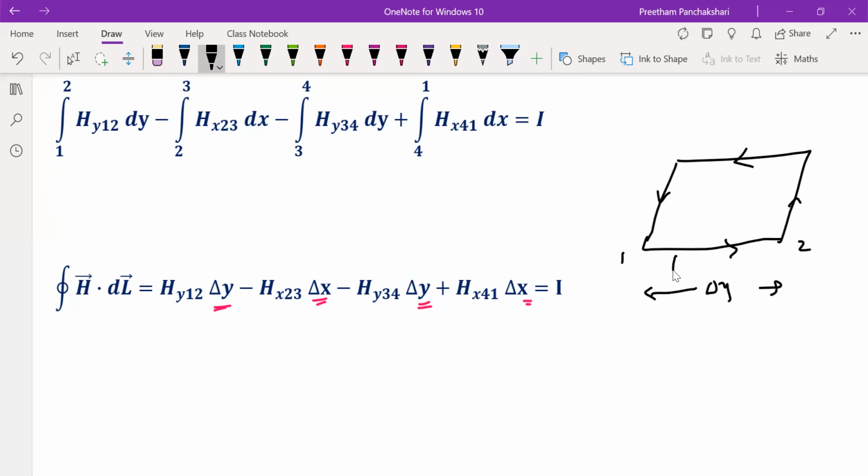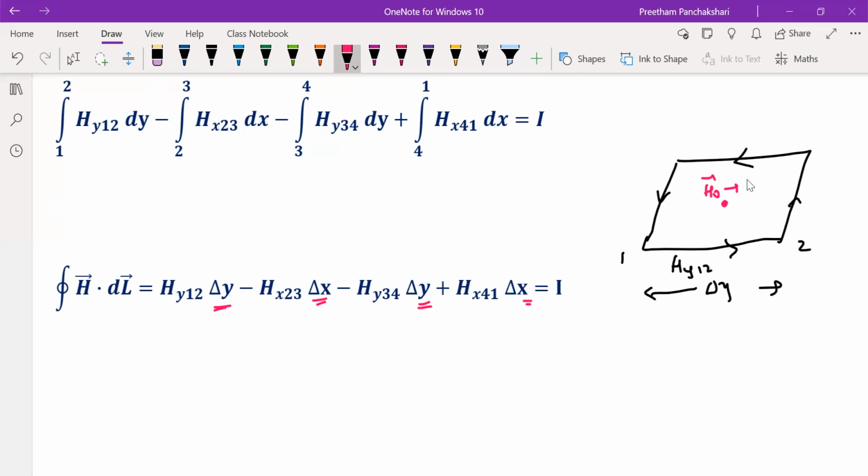The magnetic field on this side is Hy12. How to find Hy12? But we know here H0, which has all the components x, y, z. Among them, only the y component is required for us on this 1, 2.